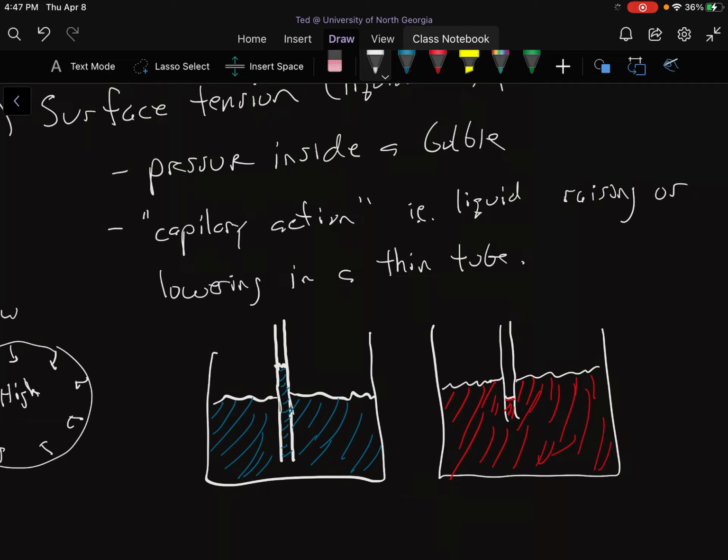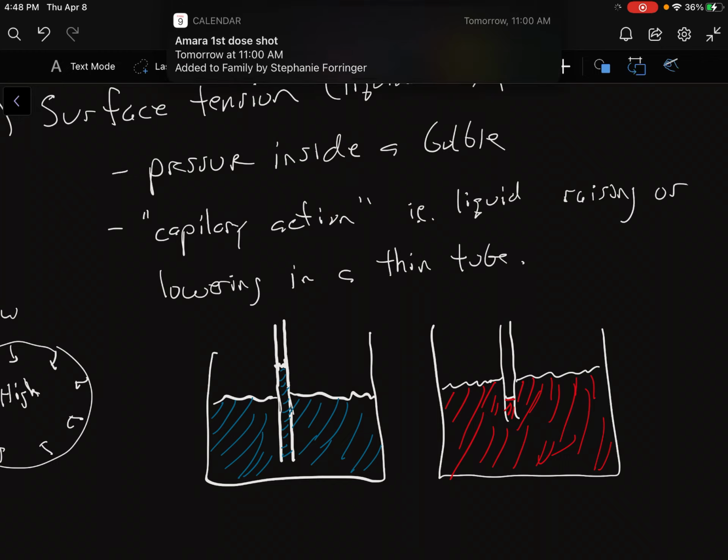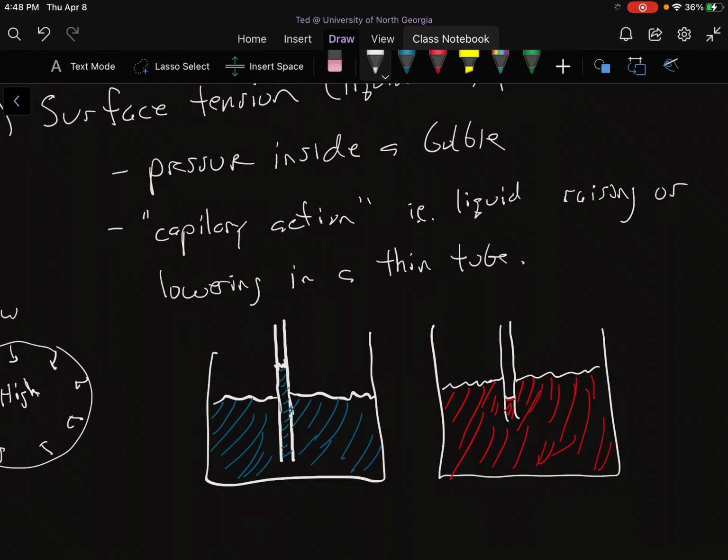And again, that has to do with the forces between the molecules in the liquid and the forces between the molecules connected to the tube. And I've uploaded a couple of videos about that that other people have made, and I thought they were better than any video I could make. So hopefully you'll find those helpful.